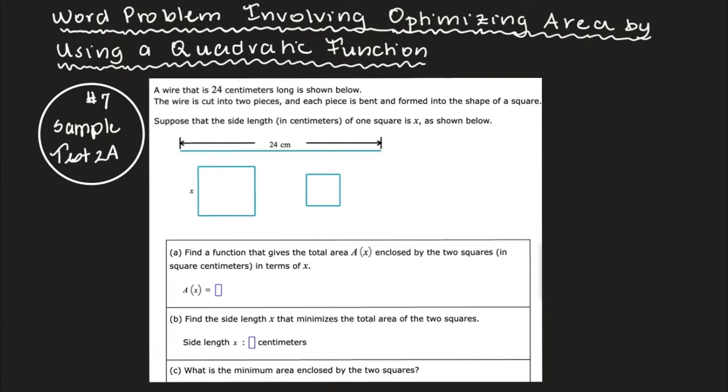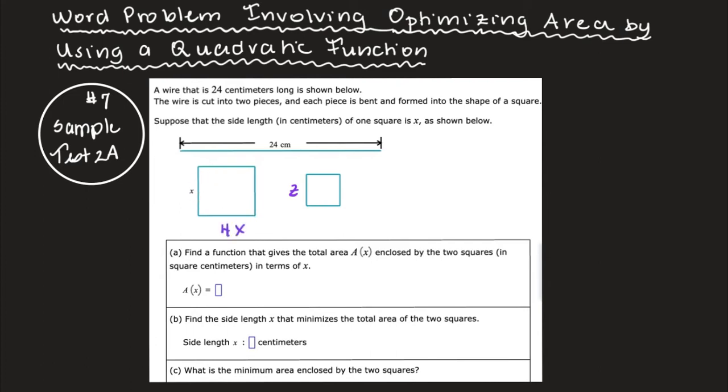It turns out we don't know the side length of the second square, so I'll call it z, if that's okay with you, and I'll label it in purple. And if I want to take this wire that's 24 centimeters and form it into these 2 lengths, the distance around the first square is going to be x, x, x, and x, which is 4x.